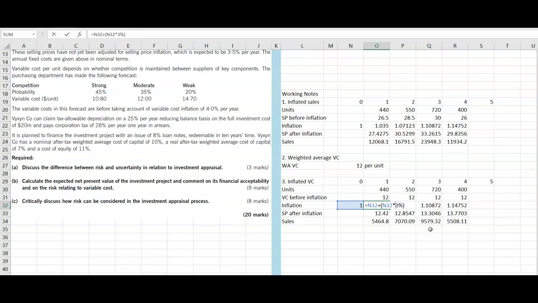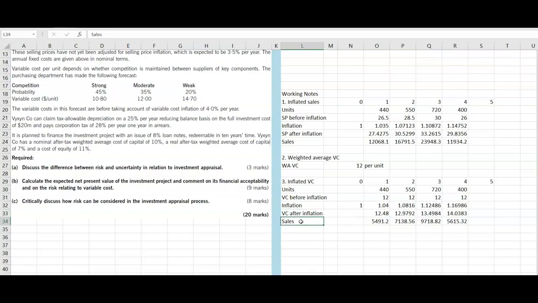So go to this formula and edit it as 4%. Your answer is changed only for the first year. Do the same for the balance 3 years. You got the number. So what you got here is the variable cost after inflation.